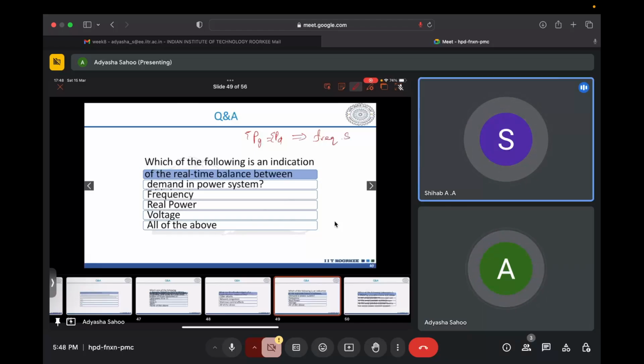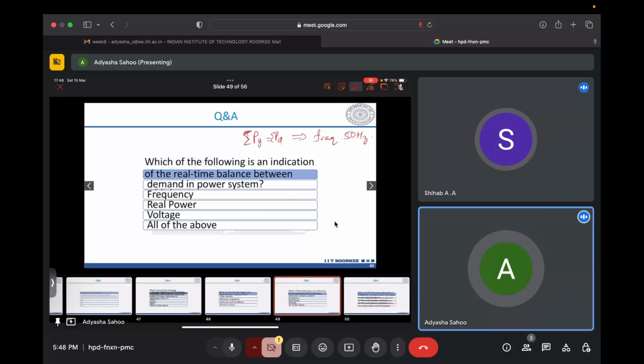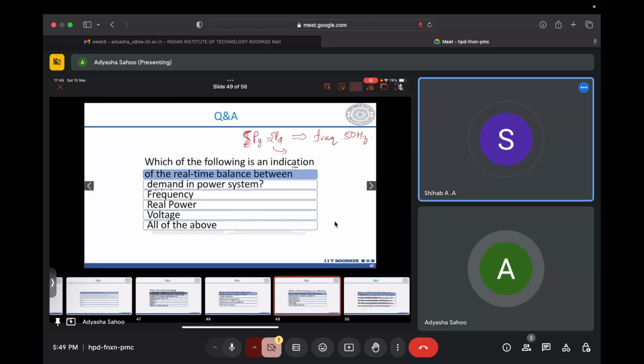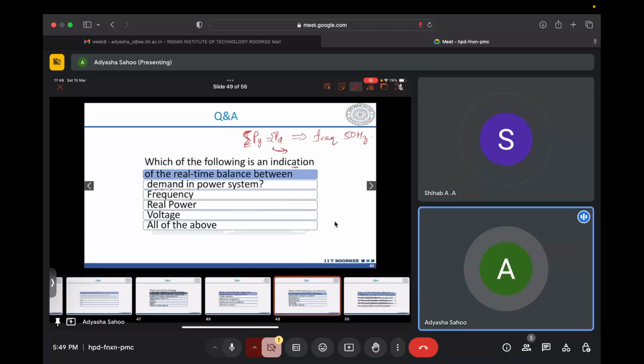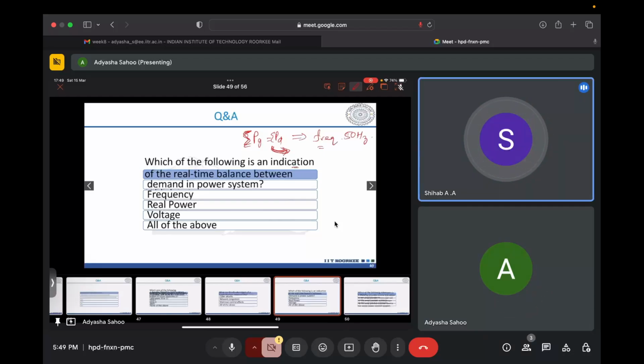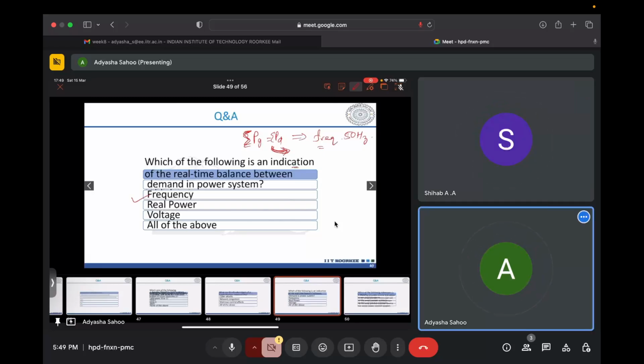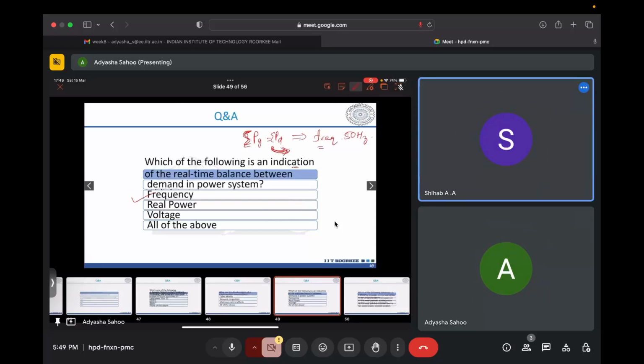It is not like an indication, but by matching real power, it will be frequency. Frequency only, not real power. Indirectly, it is frequency. Okay. Thank you.